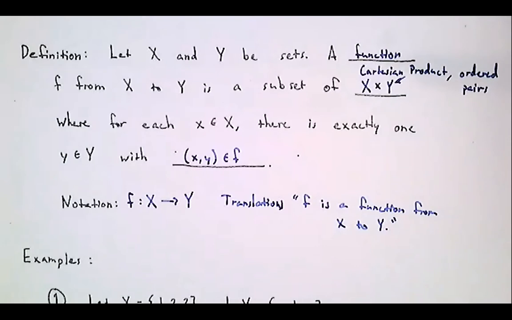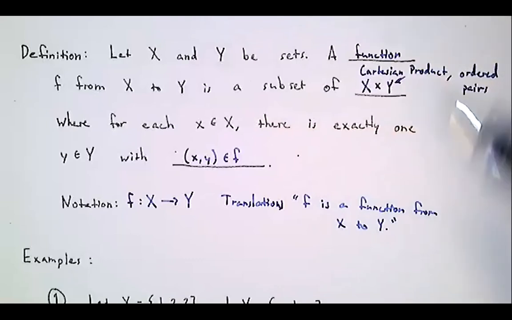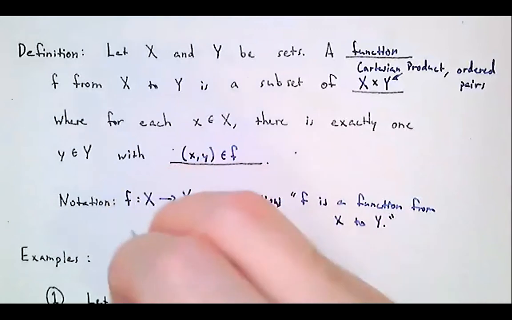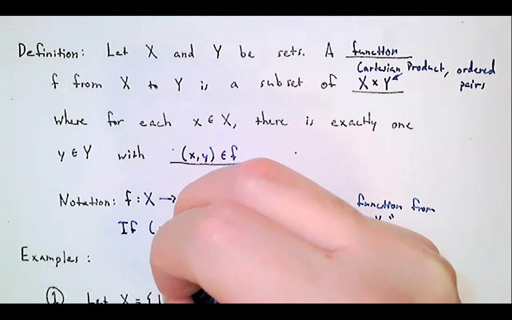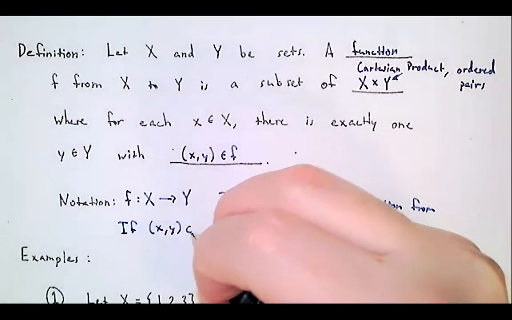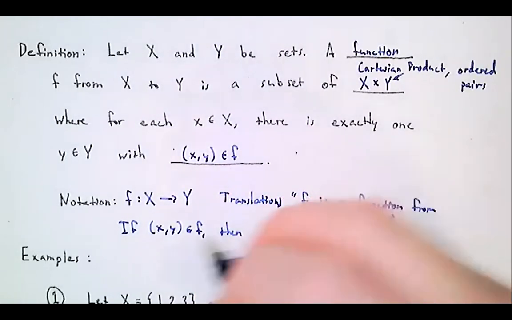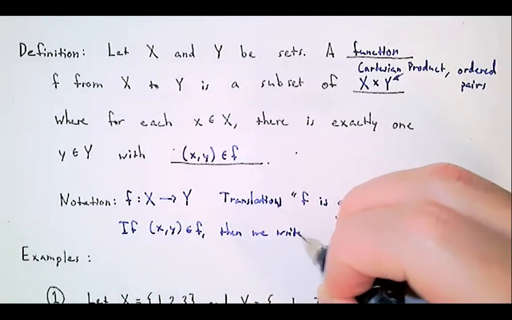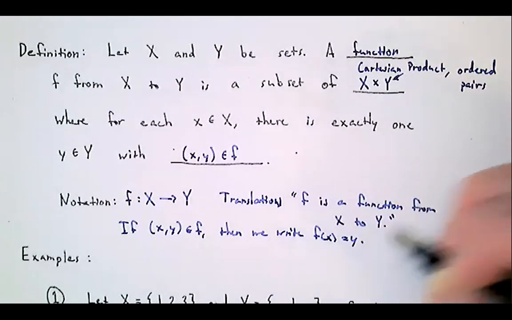And there's a few more things that we should point out here. Going back to our old idea of functional notation, this relates like this. So if you have some ordered pair in your function, so little x and y are in f, then we can write instead of this just f of x is equal to y.